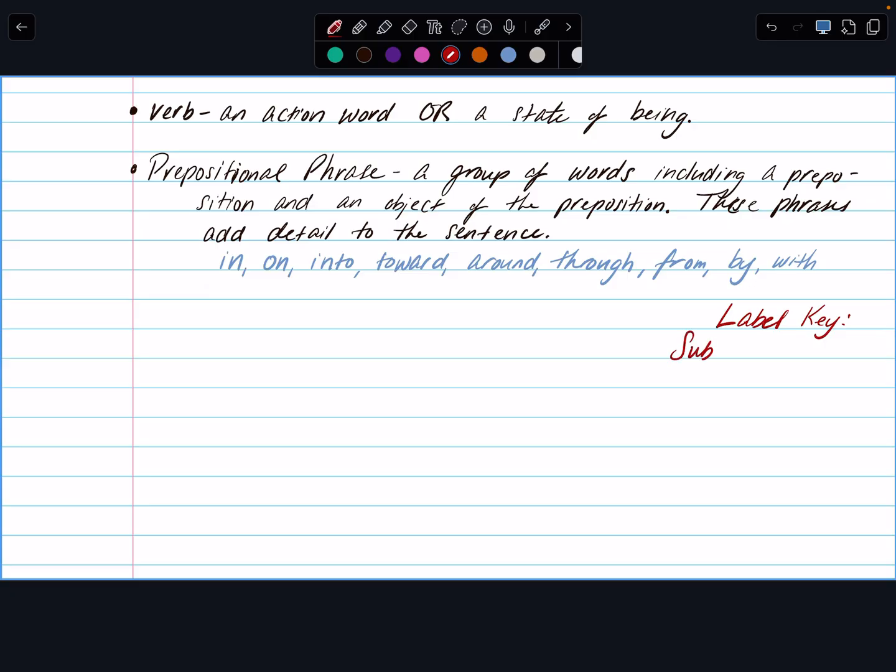If you see a subject, you're going to mark it up with an S. If you see a direct object, you're going to mark it up with a DO. If you see a verb, you're going to mark it up with a V. And for prepositional phrases, I'm going to just abbreviate.